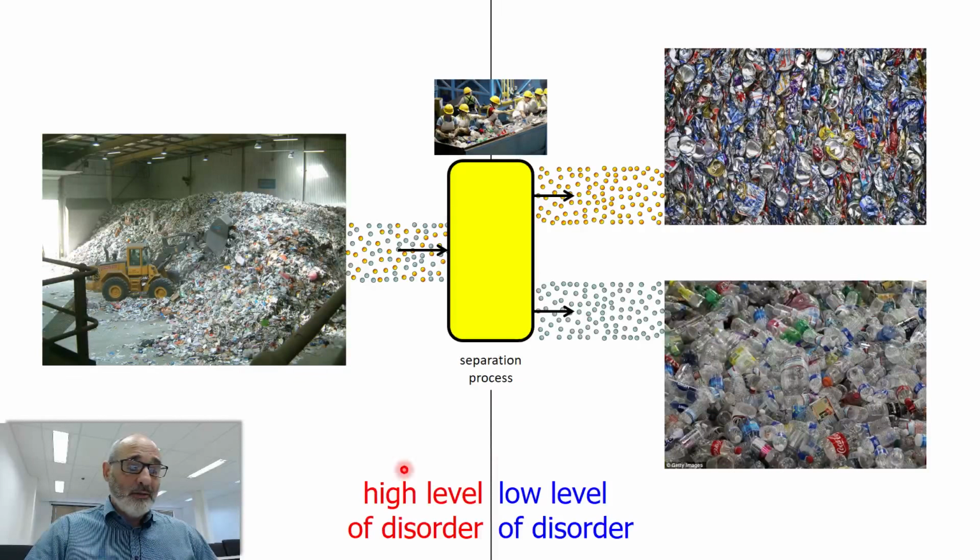Because you have a high level of disorder on the left side when the components are mixed up, and on the right side you have a low level of disorder. So where the components are separated or less mixed, okay?